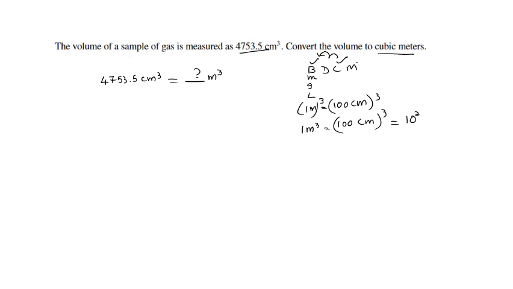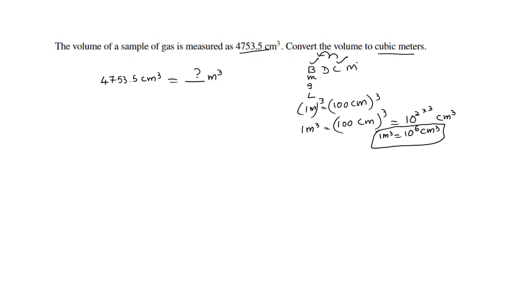That is the exponential rule. 100 means 10 to the power 2, and there is a 3 outside, so we have to multiply those two numbers. That is 10 to the power 6 centimeter cube. So that is 1 meter cube. You should know this conversion either directly, or you should be able to come up with it like this.